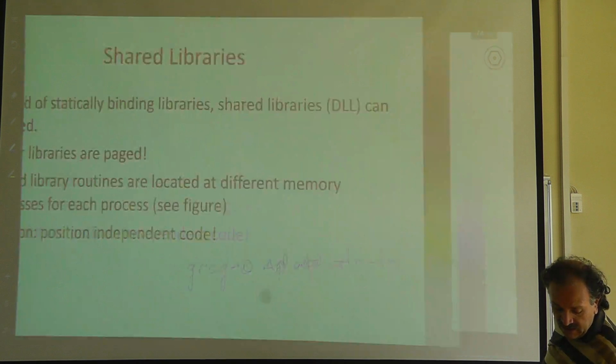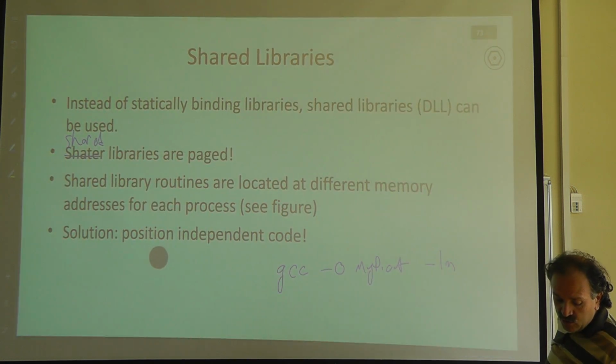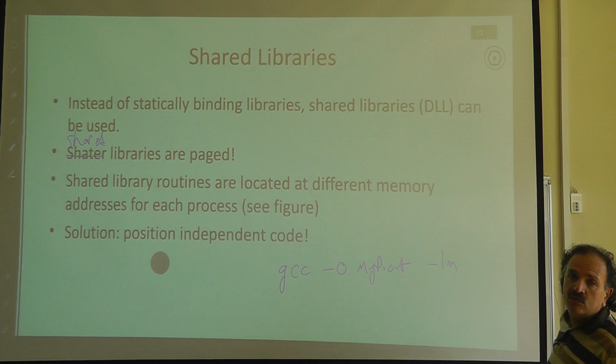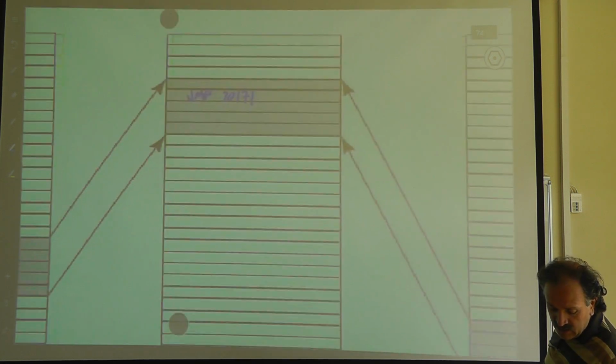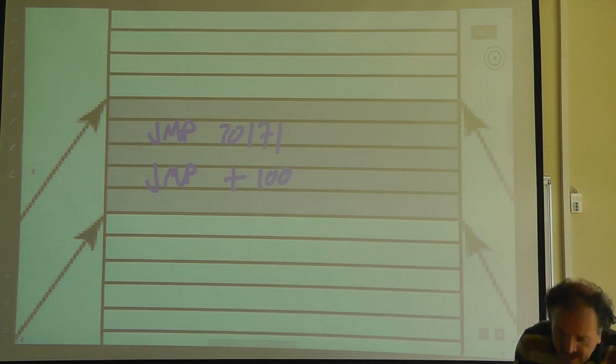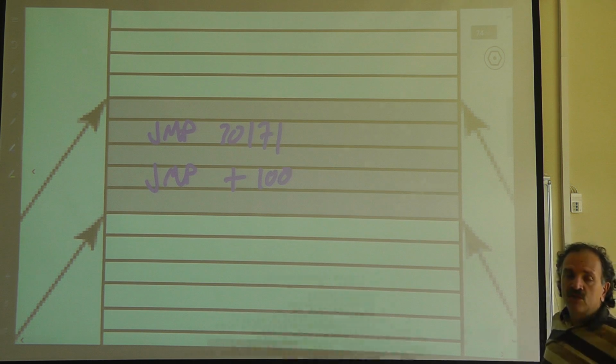Instead, for the shared libraries, we use position independent code. What do I mean by position independent code? You don't give any absolute addresses. You give addresses like, jump to a location 10 bytes above my location. So you give only relative addresses, not absolute addresses.